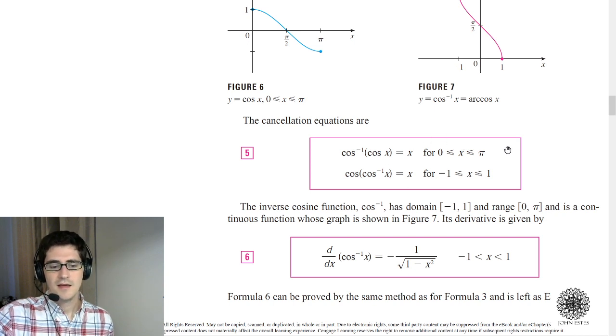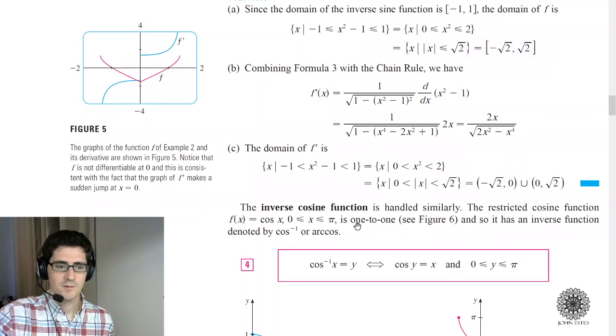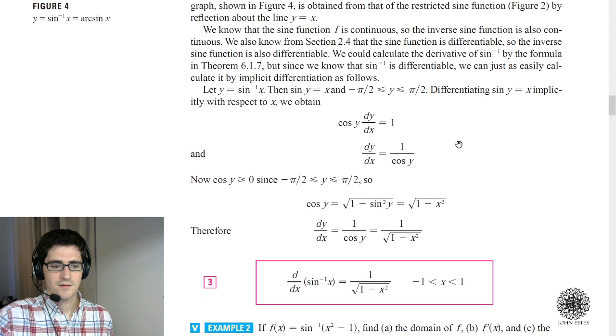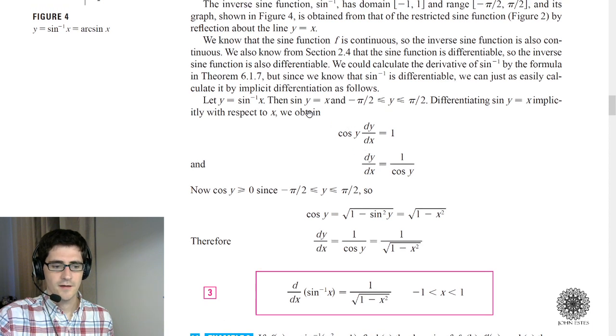And if I do the exact same expression, let's go back up to when we calculated the derivative of sine inverse. If I do this exact same thing except with cosine inverse, the only thing that changes is the derivative of cosine y would be negative sine y.